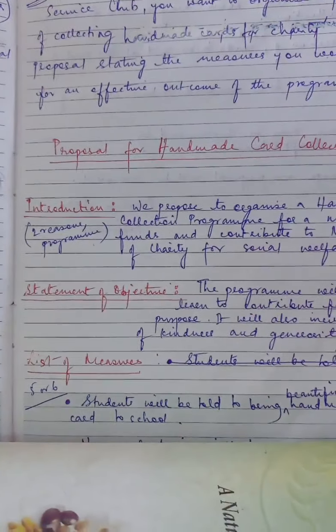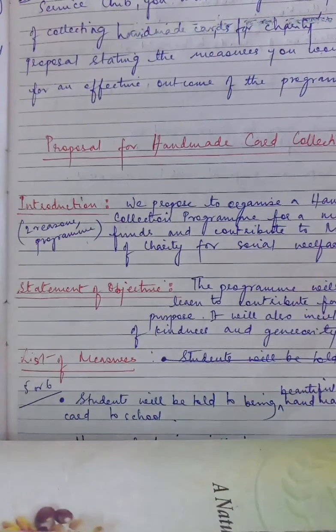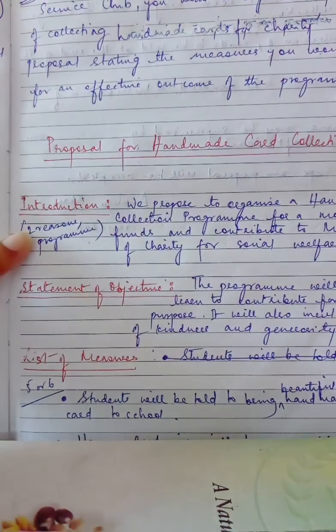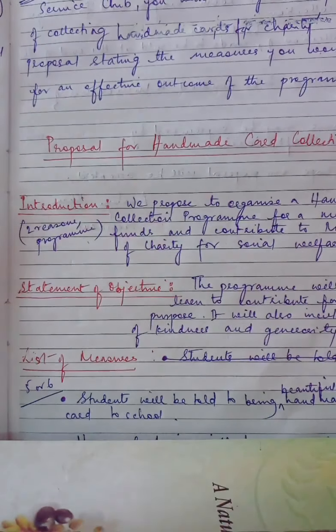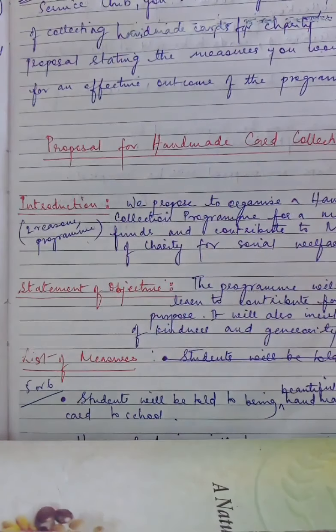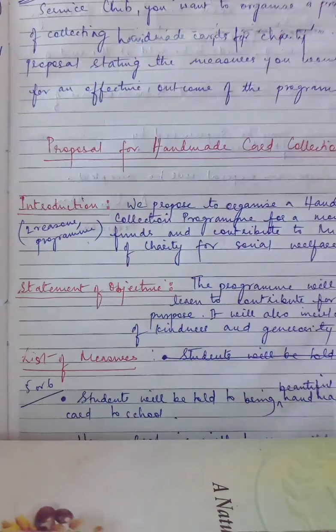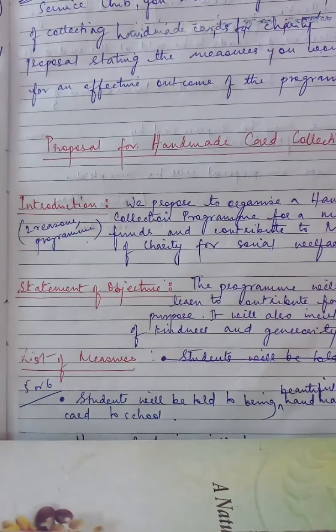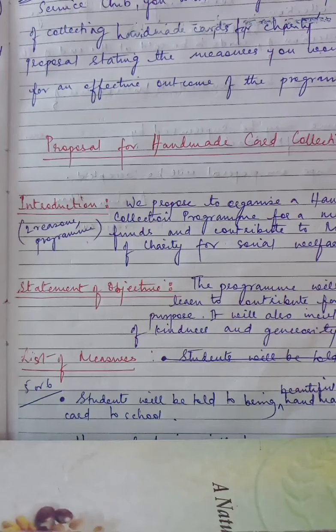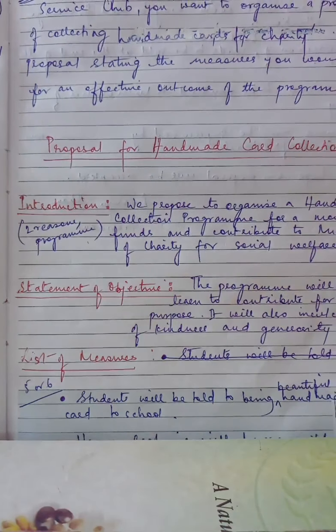You cannot just give one reason. Remember, in the introduction you need to give two reasons and you are directly talking about the program. You don't have to add any flowery language or sentences, or exaggerate much. Directly you have to write what the proposal is all about, what the program is, and the two reasons for conducting that program.